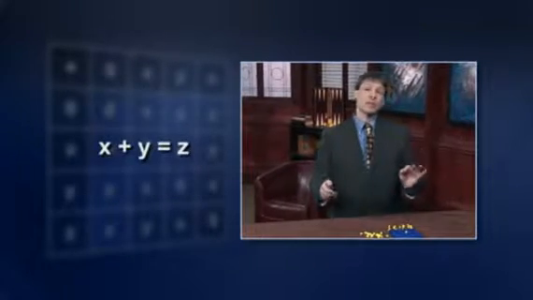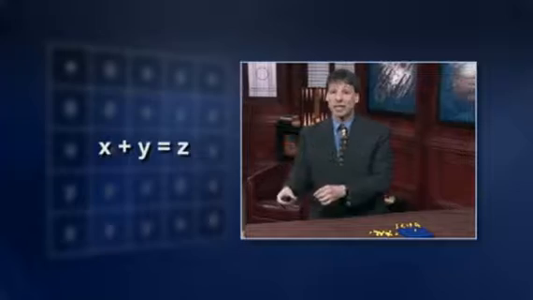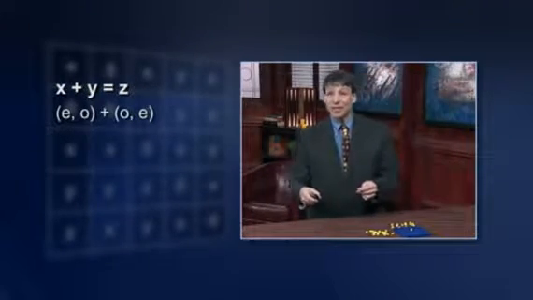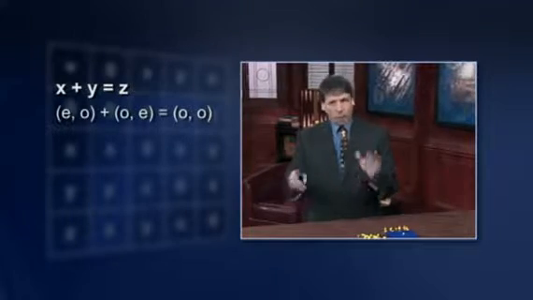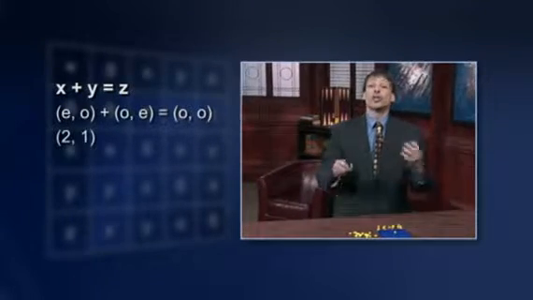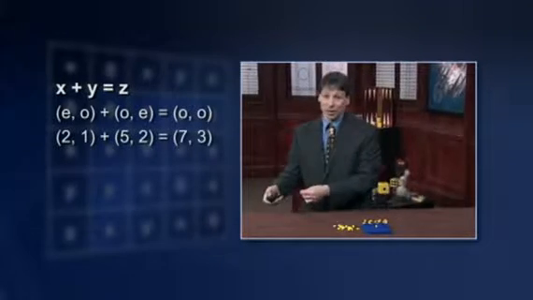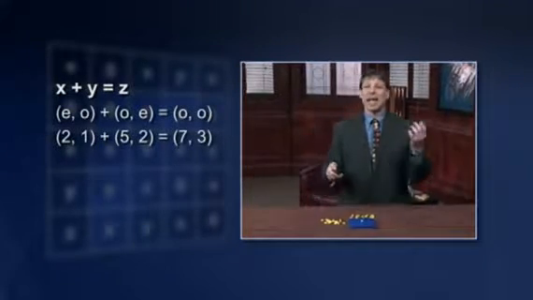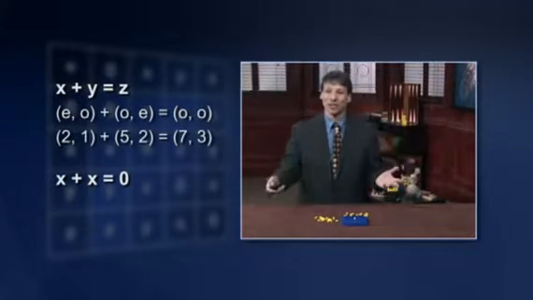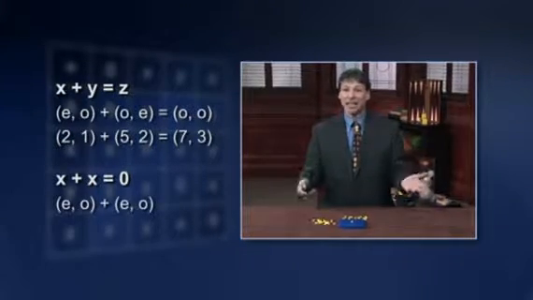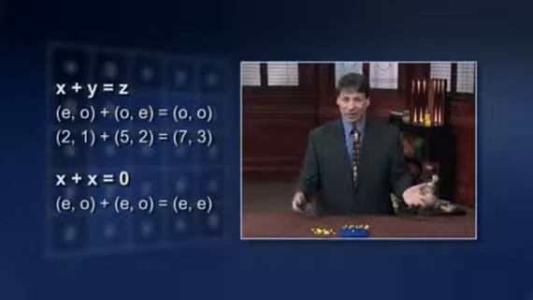For example, the statement X plus Y equals Z really says even odd plus odd even equals odd odd, which makes sense, right? For instance, 2 1 plus 5 2 equals 7 3. And a statement like X plus X equals 0 is saying that even odd plus even odd is even even.